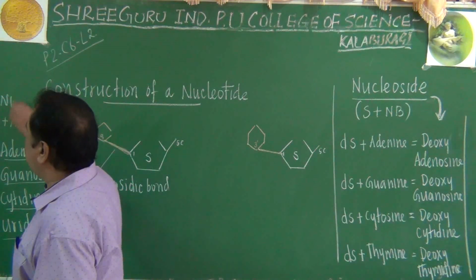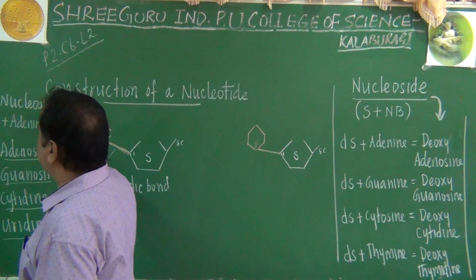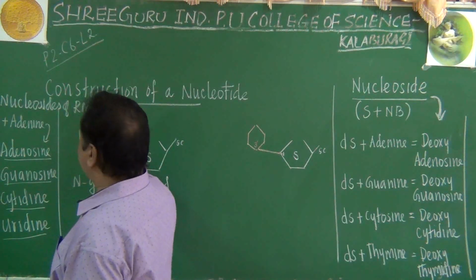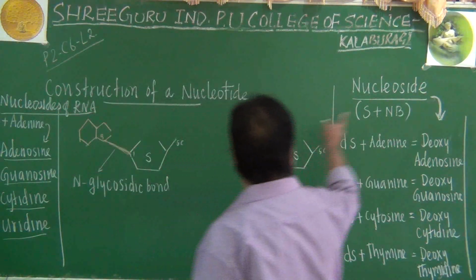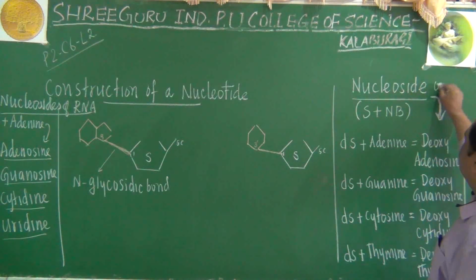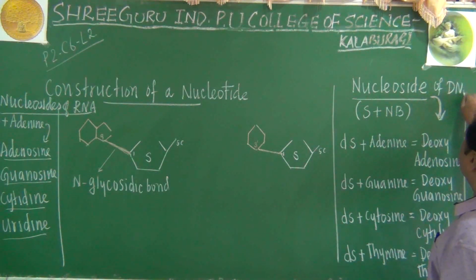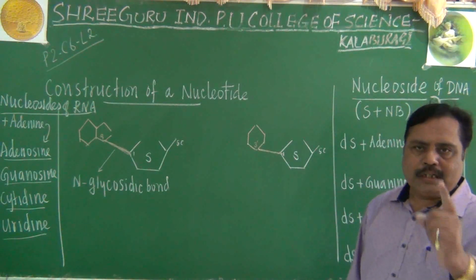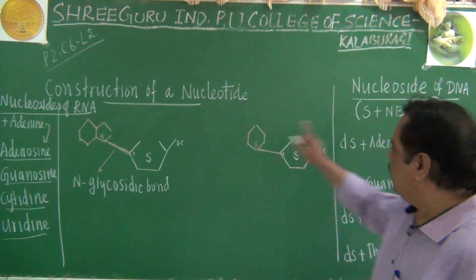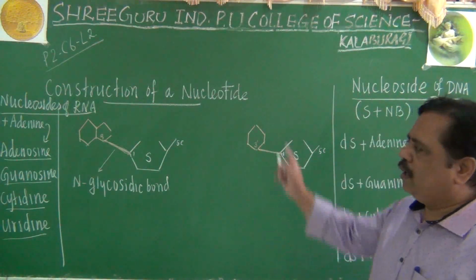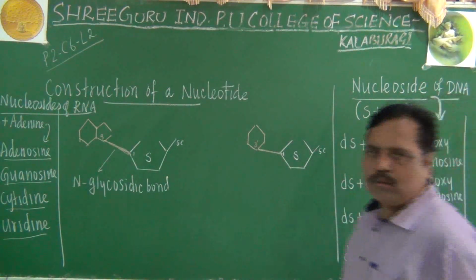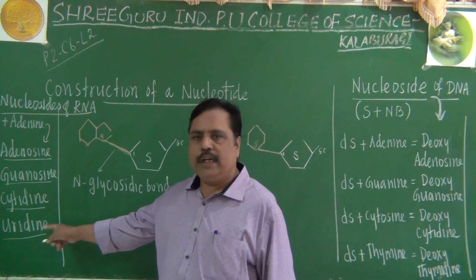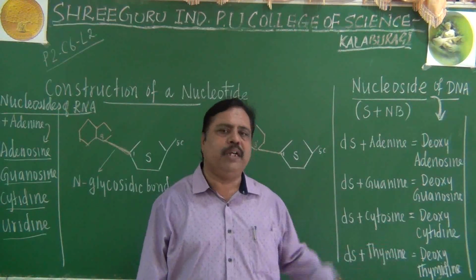I am writing about nucleosides of RNA, and here I wrote about nucleosides of DNA. Okay. Nucleosides of DNA we have seen. 8 examples we have to remember. Understand the difference between adenosine, deoxyadenosine, guanosine, deoxyguanosine, cytidine, deoxycytidine, uridine, and deoxythymidine.